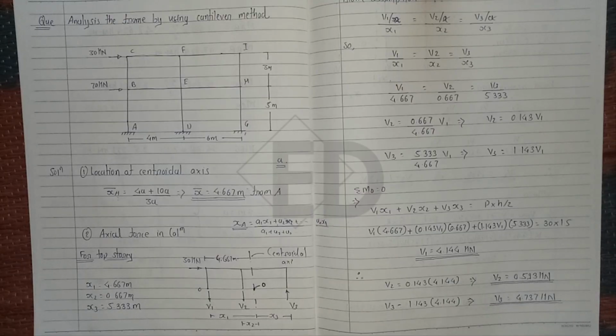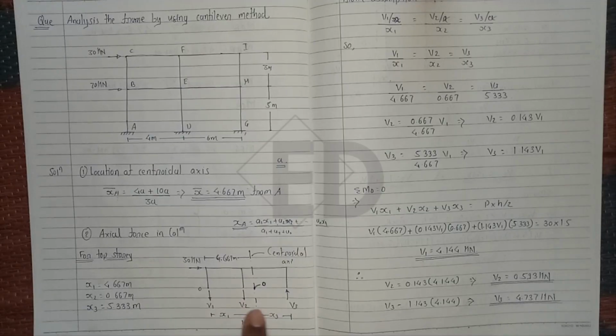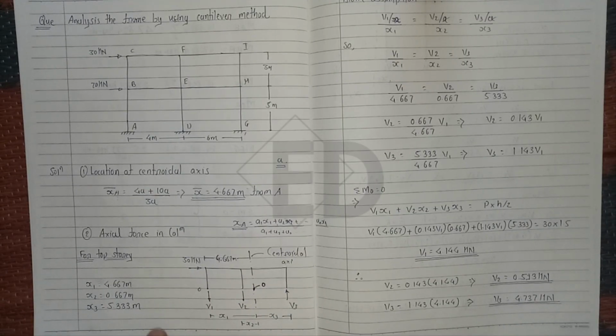Now moving towards our second step, that is axial force in the column. This is also one of the main steps. Here we use our second assumption. So these are the distances of these stresses. Here v1, v2 and v3 are the axial forces in the columns.